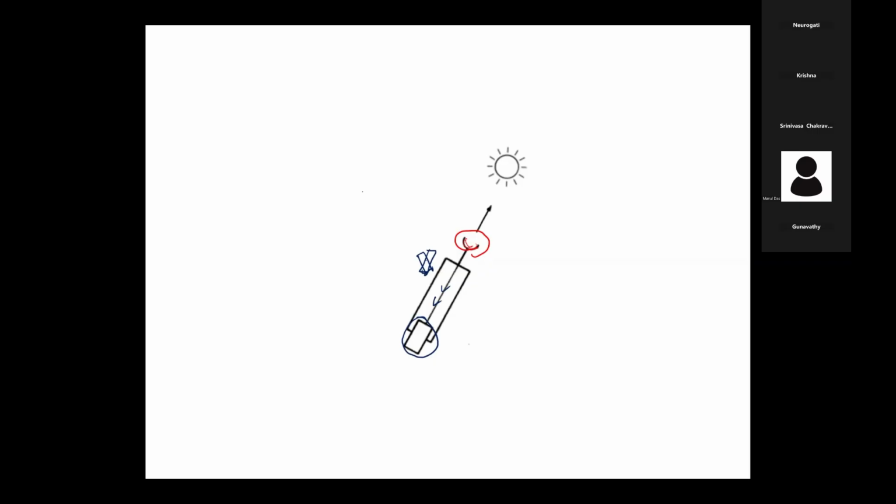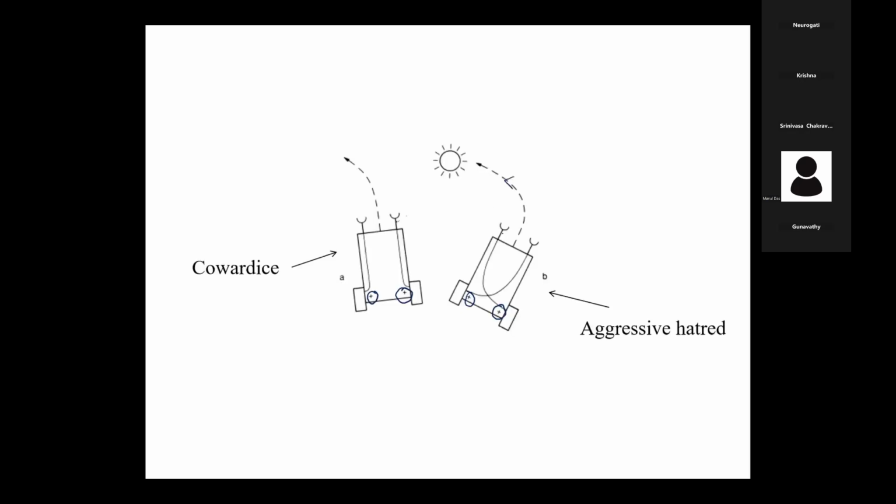The photoreceptor is connected to the wheel, and if the intensity at the photoreceptor is high, it drives the wheel faster. So it's kind of proportional. There is a light source somewhere in front of the vehicle. The photoreceptor senses the light and then drives the wheel. In this case, the behavior is very simple. Nothing great happens. The vehicle simply goes straight towards the light source and hits it.